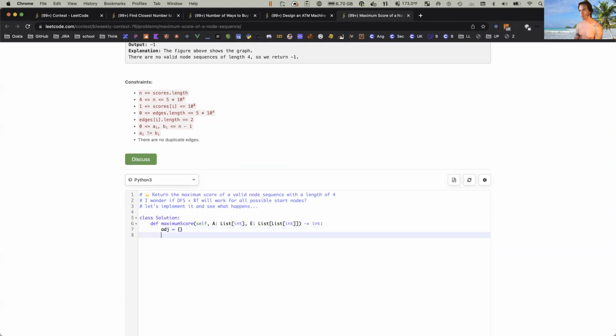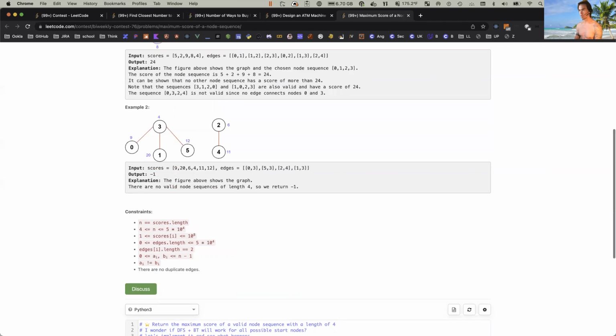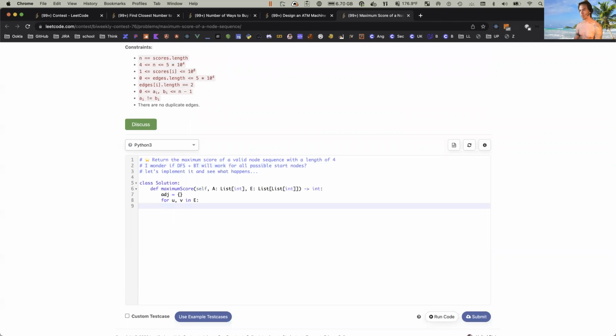Adjacency list is this guy, and then for u, v in the list of edges, use not in adjacent. Let's just do this.